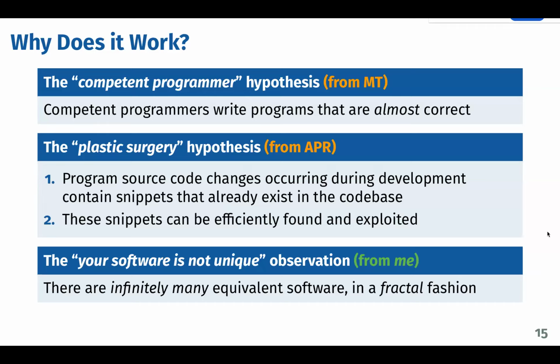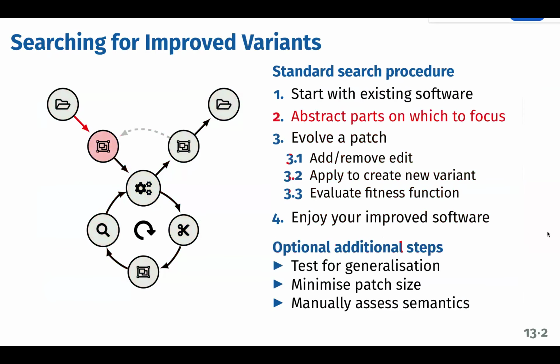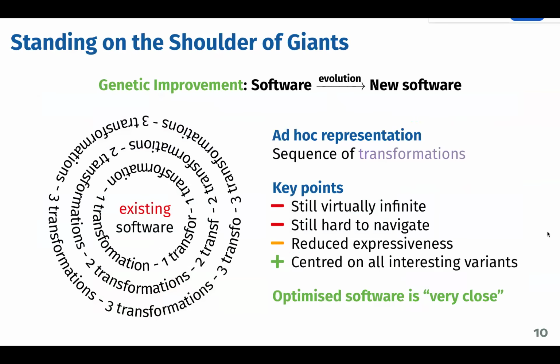If you have a Koch snowflake, you can zoom in and you have copies of the Koch snowflake inside your Koch snowflake. For your search space in GI, you have your entire search space which is centered around your original software. And you can move around in this space, but most of the things you will see will be identical to the original search space.